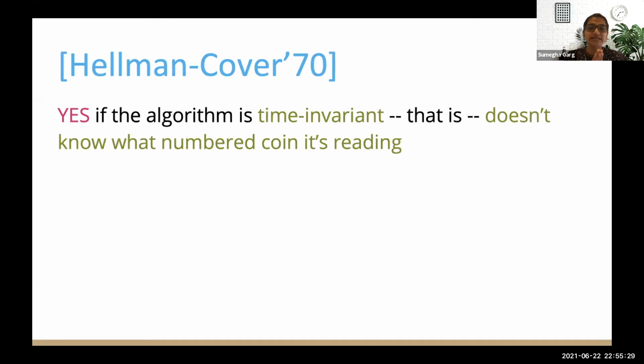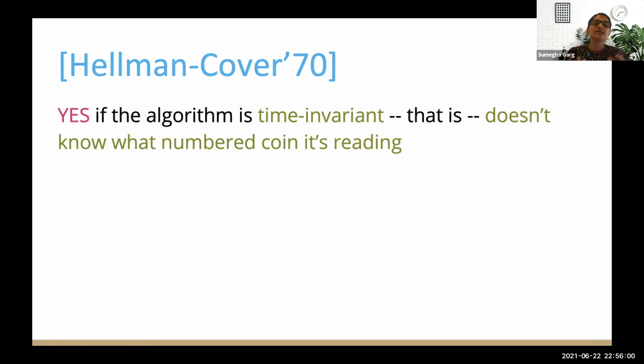In 1970, this paper proves that yes, this is the best it can do if the algorithm is time invariant. That is, it doesn't know what numbered coin it's reading. Recall the algorithm from our previous page. It's time invariant. I do not need to know what numbered coin I am reading. I just add to the sum if I see a 1 and subtract from the sum if I see a minus 1.